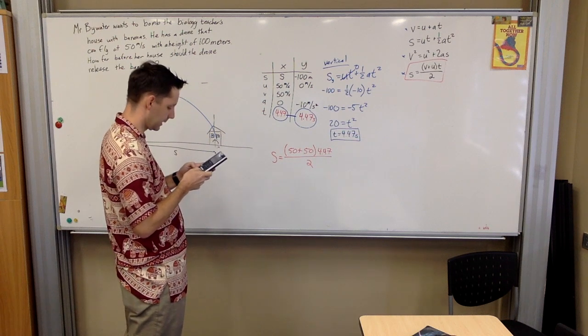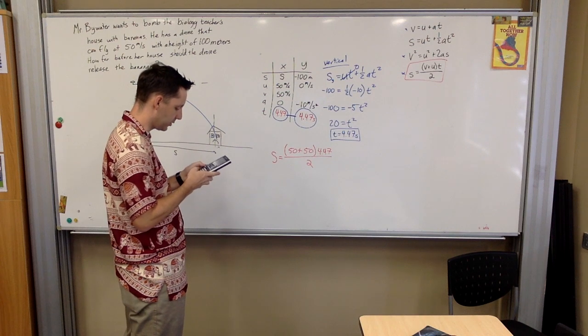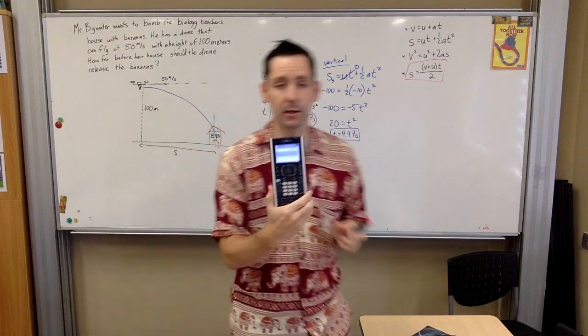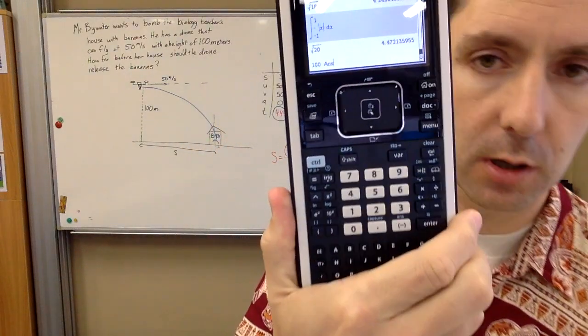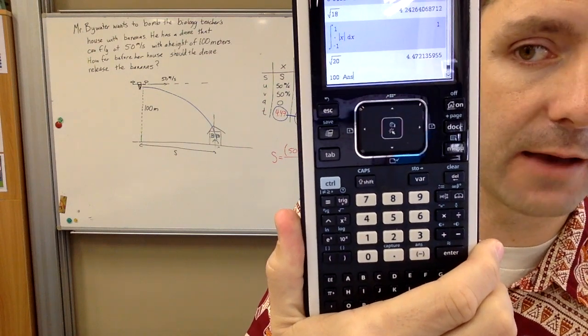So 100 times the answer. Always, when you can, use the whole previous number. You'll see on my calculator I've had it do 100 times the answer, because that gives me all the digits of that 4.47.